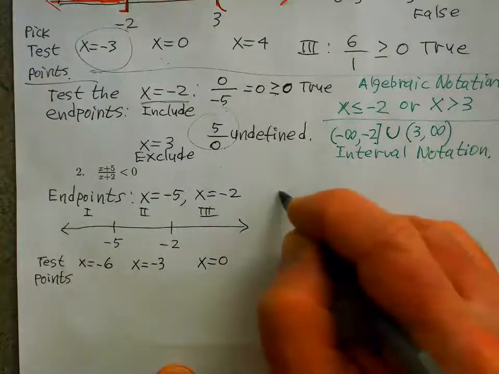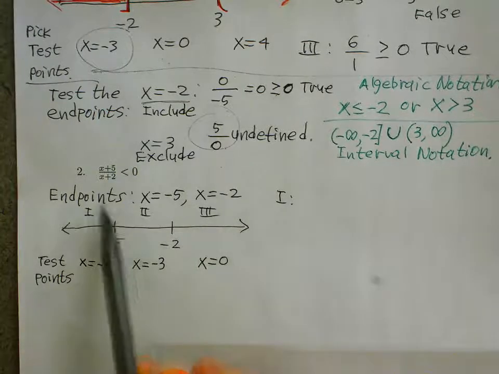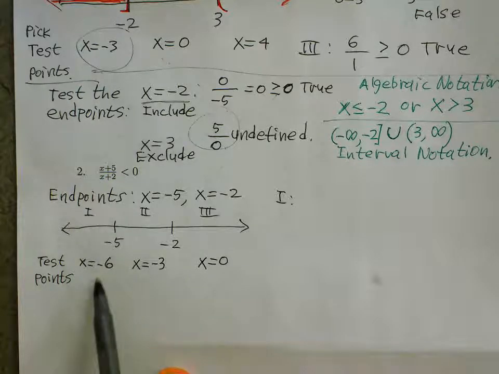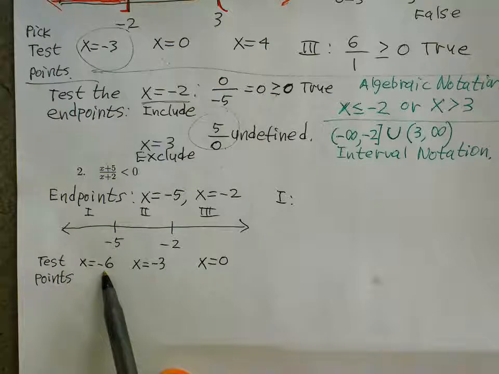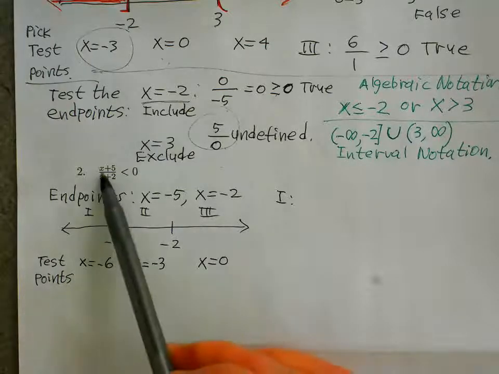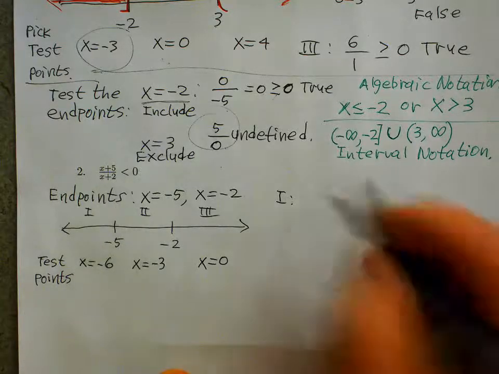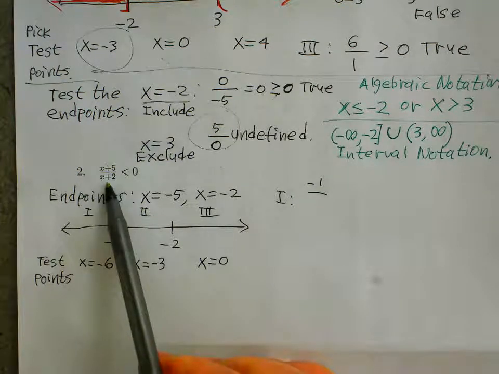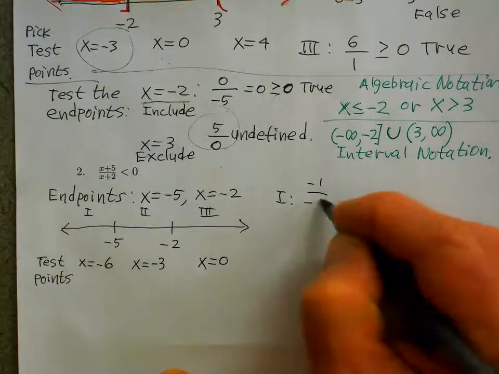Okay, then in the inequality, replace every x with our test point. So from the first interval, we're picking -6 for x. In the numerator, -6 plus 5 is -1. In the denominator, -6 plus 2 is -4.